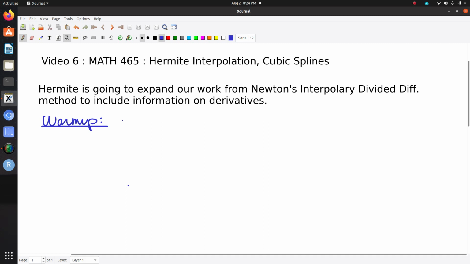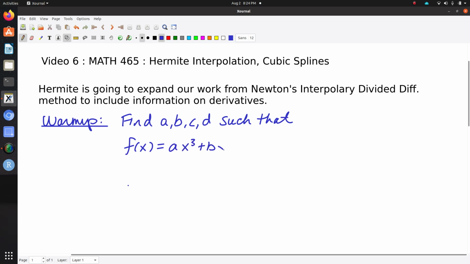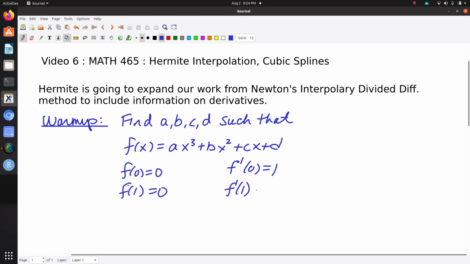Find a, b, c, and d such that we have a cubic, and I want f of 0 equals 0, f of 1 equals 0, f prime of 0 equals 1, and f prime of 1 equals negative 1.